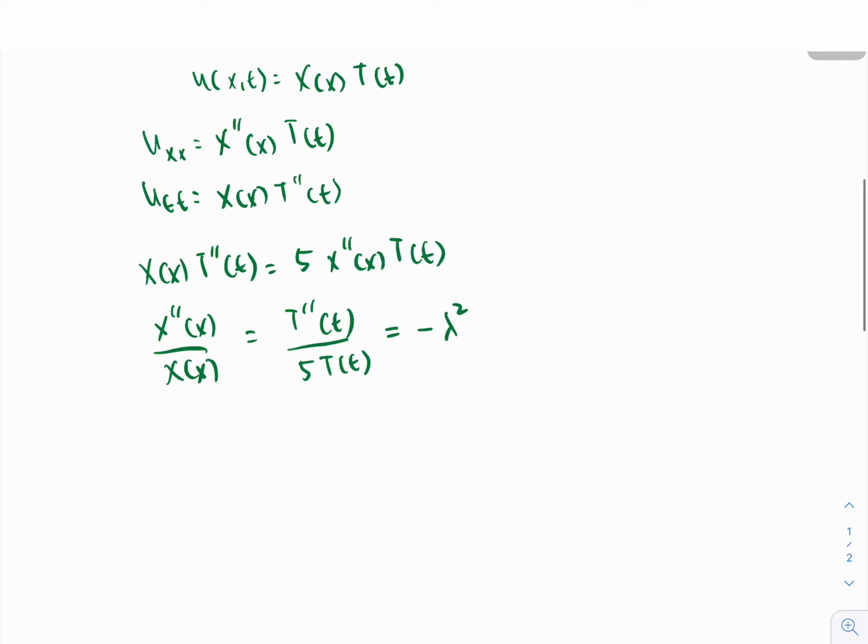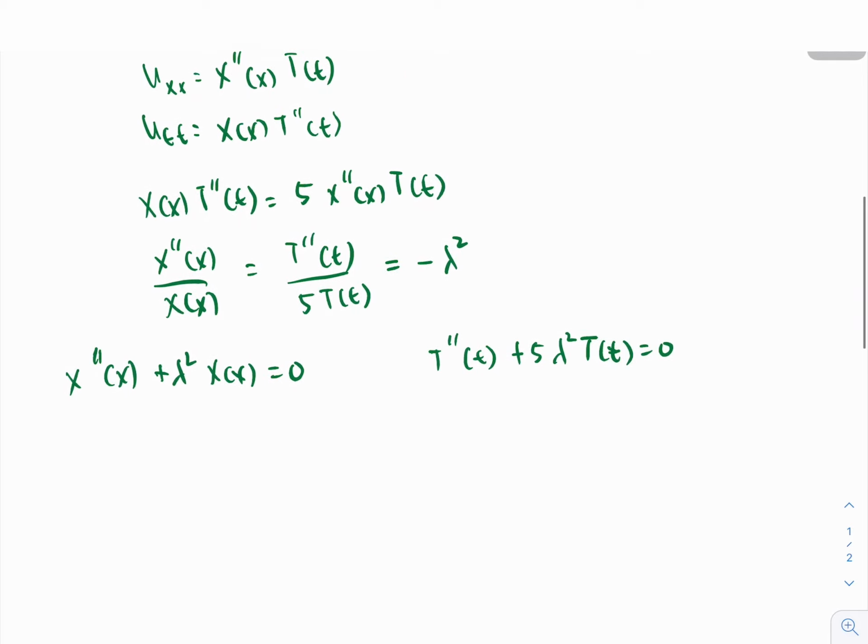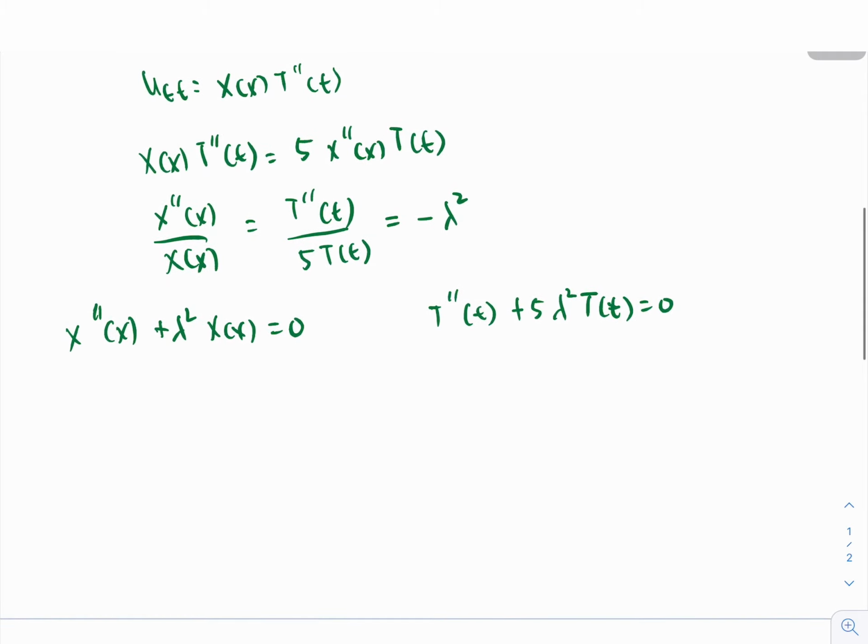Then we separate the variables for X and T. So X double prime plus lambda squared X equals 0, and another one, T double prime plus 5 lambda squared T equals 0.